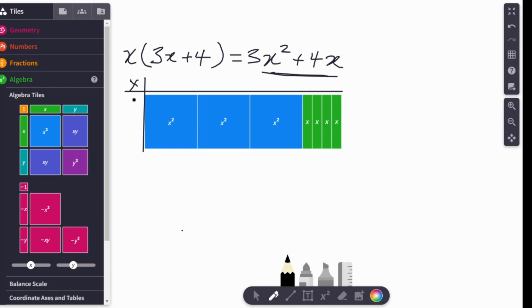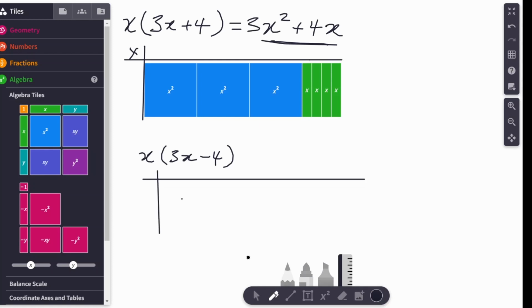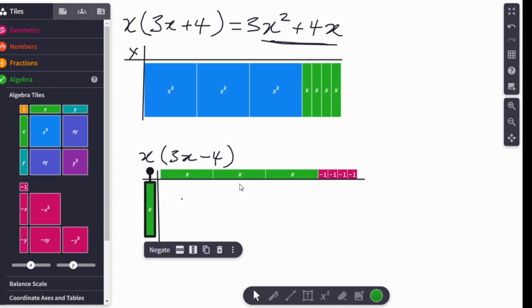Let's take another one. Like just changing the addition here. So let's say x multiplying 3x minus 4. And we model that quickly. So just like this one, the only difference is the -4, which is right here. So we do the multiplication.